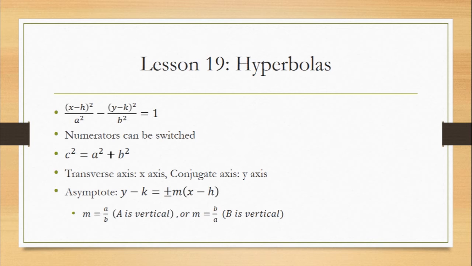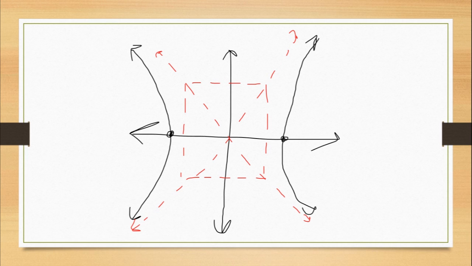Right? And m can be equal to a over b or b over a. It's only equal to a over b if a is vertical, and only m equals b over a if b is vertical. And here's a crude drawing of what a hyperbola looks like.